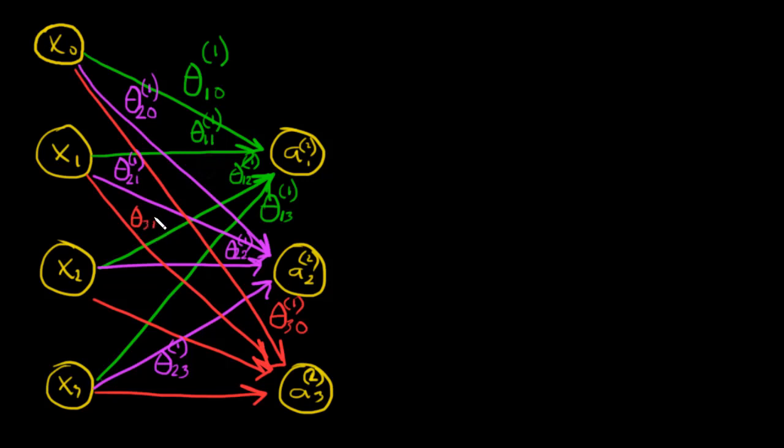So 1 to 3, starting in layer 1. This one right here is going to be from 2 to 3, layer 1, and finally this one is going to be from 3 to 3, layer 1.